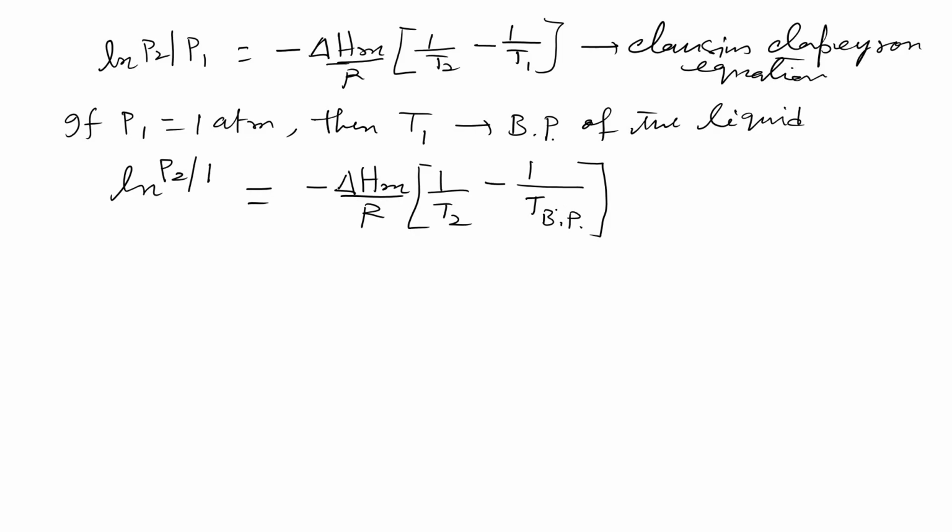One thing you remember here: in the approximation we have taken, this delta Hm remains constant within this temperature range. But you remember that this delta Hm remains constant over only a short range of temperature. So the Clausius-Clapeyron equation is not applicable when the temperature range is large.